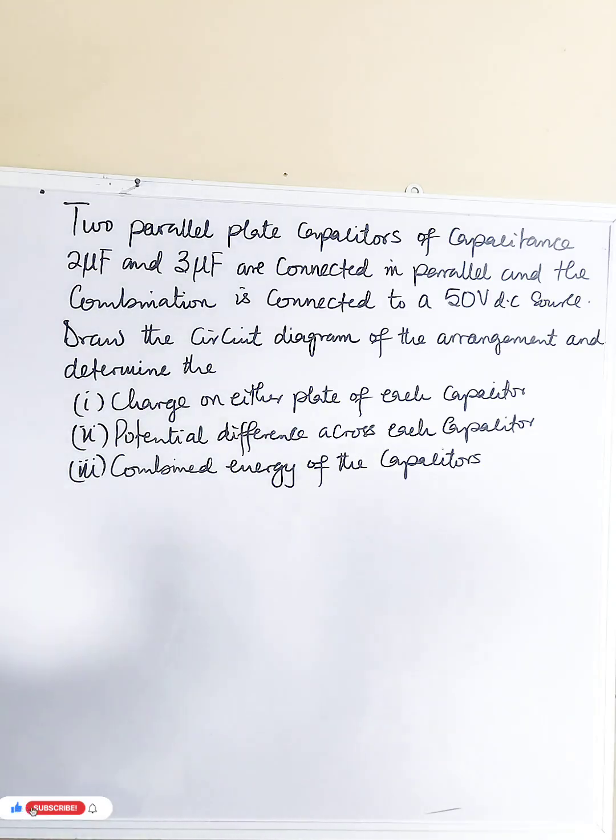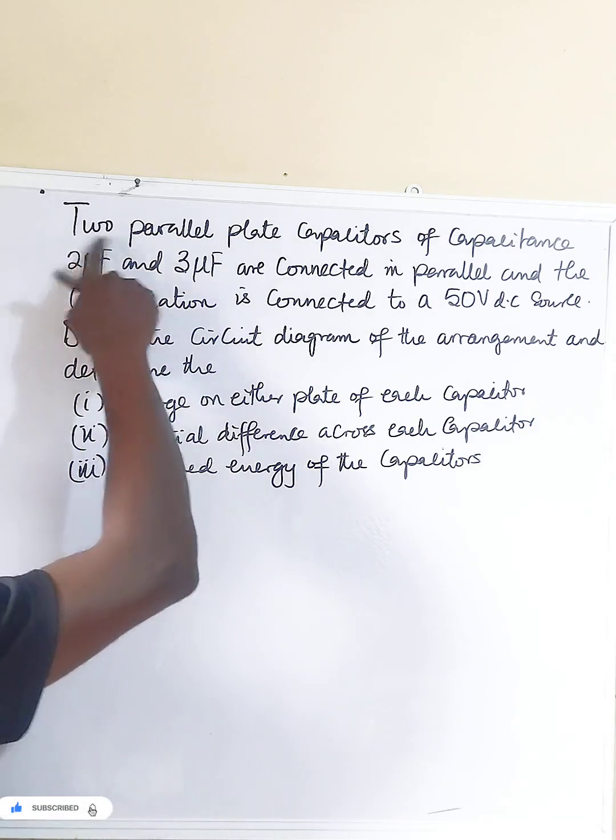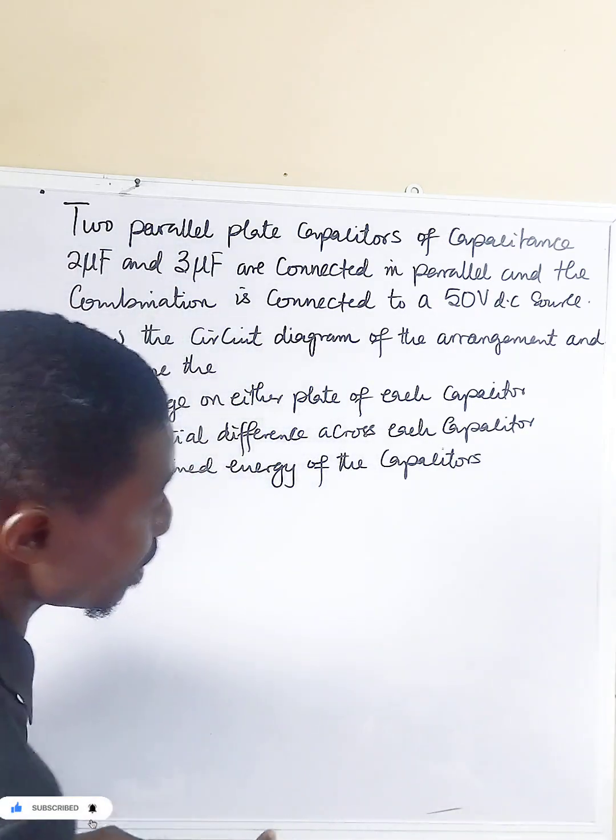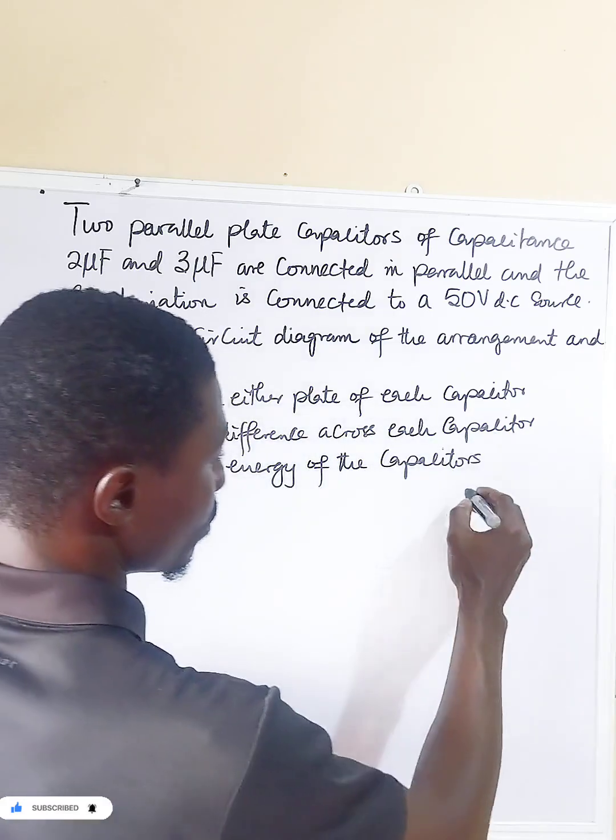Now for the first one, let us draw the circuit diagram. Take note, two capacitors in parallel.